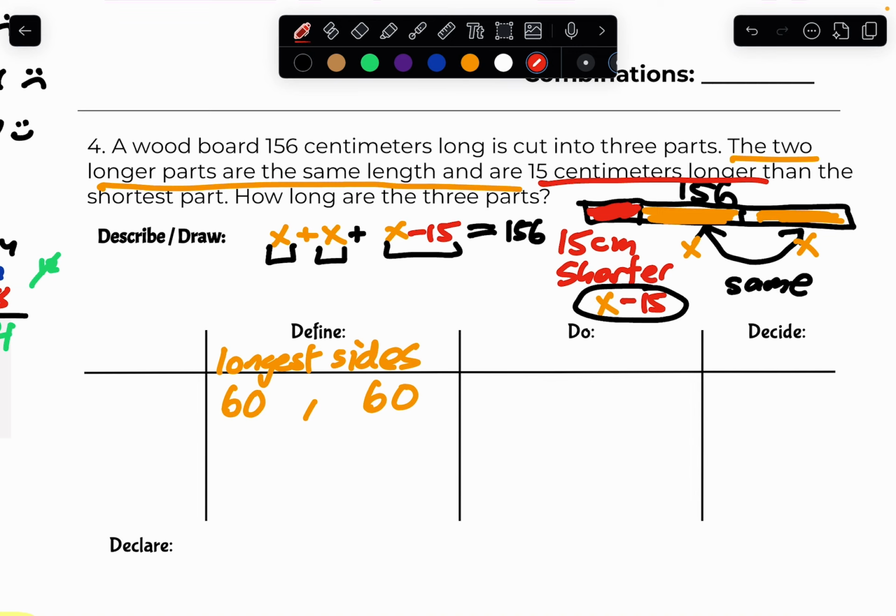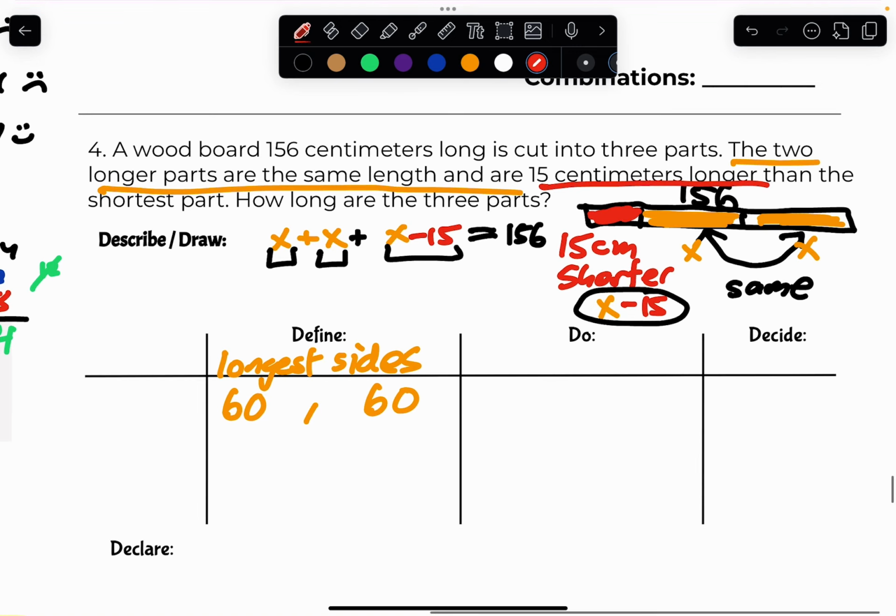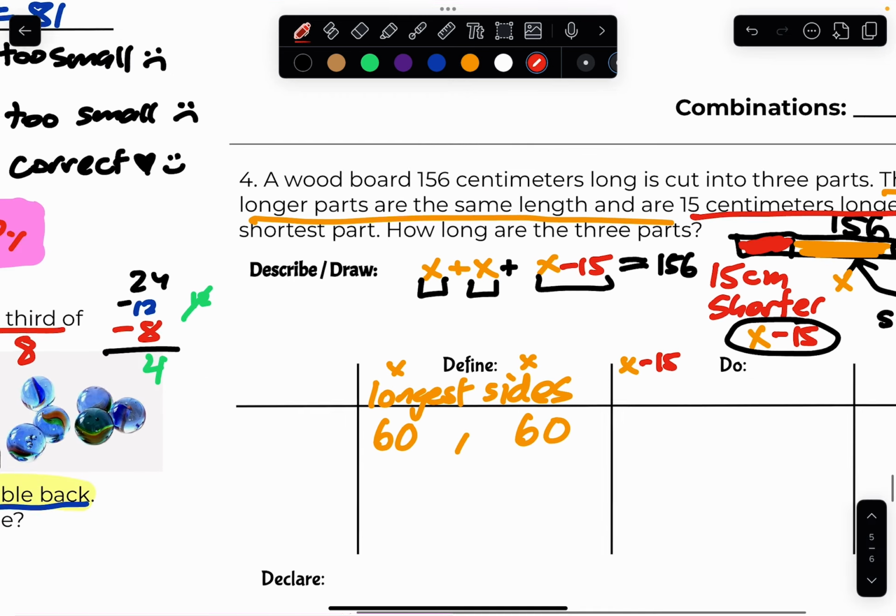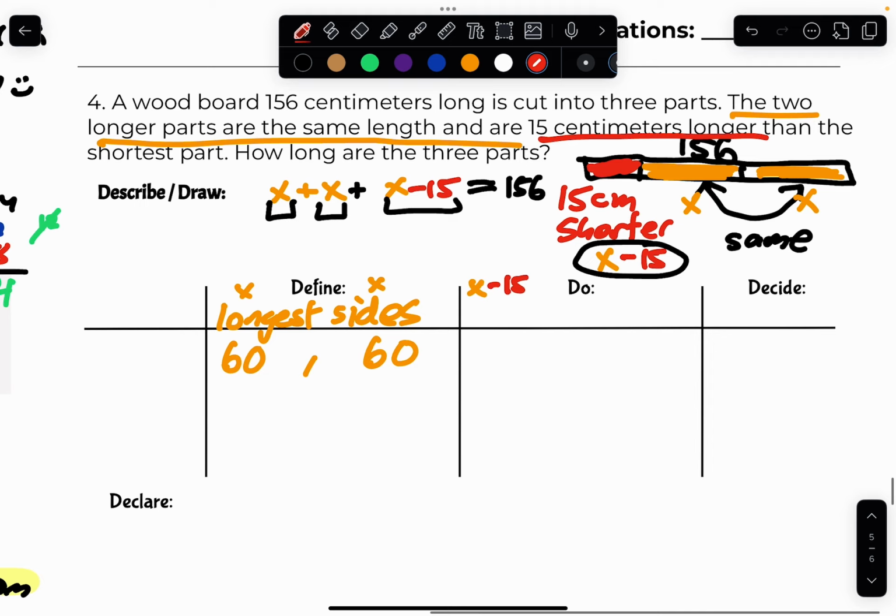But to get the shortest side, I'm going to do x minus 15, right? So if the longest side is 60, what's the shortest side, if it's 15 centimeters shorter?